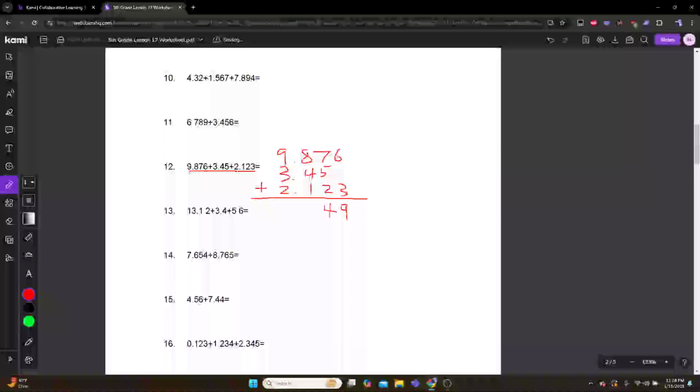So we add the 4 and the 1 here. Then 1 plus 8 plus 4 plus 1 is 14, because we add them all up. And then we bring the 1 over and bring the decimal point down. So 1 plus 9 plus 3 plus 2 is 15. So the answer is 15.449. And we can estimate these numbers to be about 10. This 3.45 turns into 3, and 2.123 turns into 2. If we add these together, we get 15, and 15 is about 15.449.